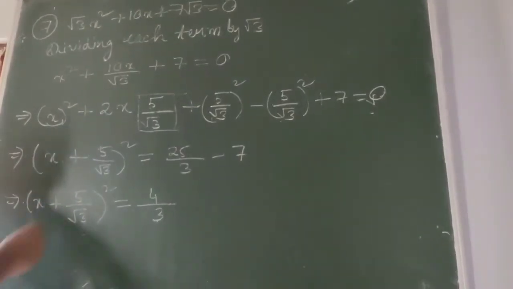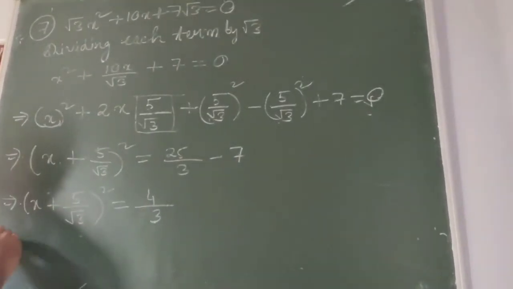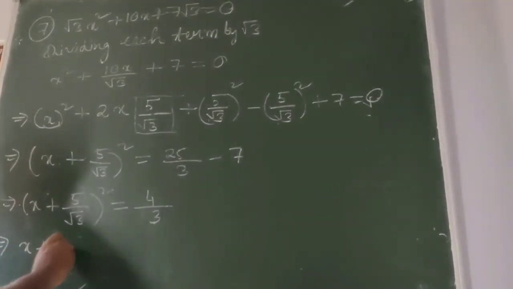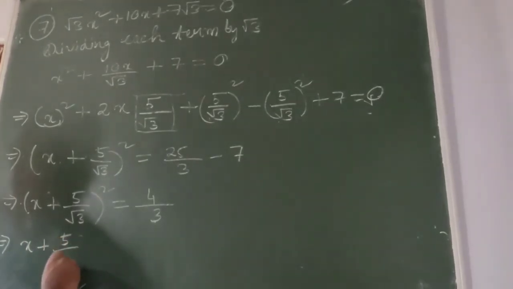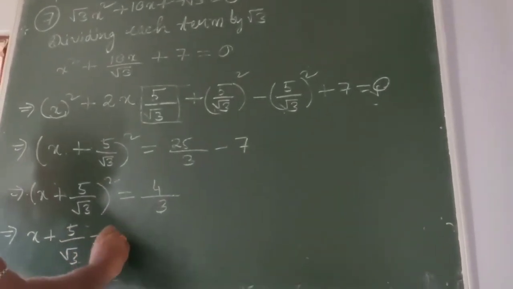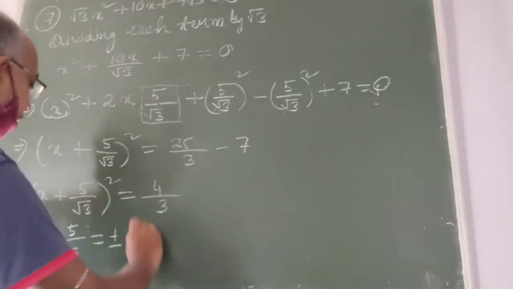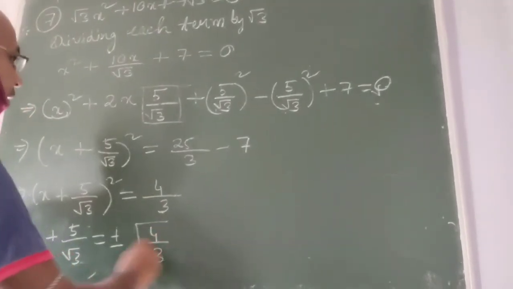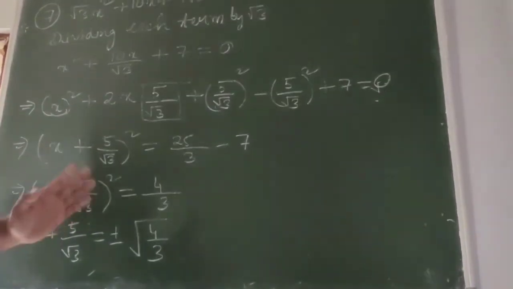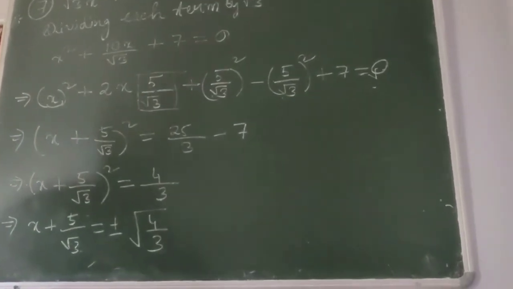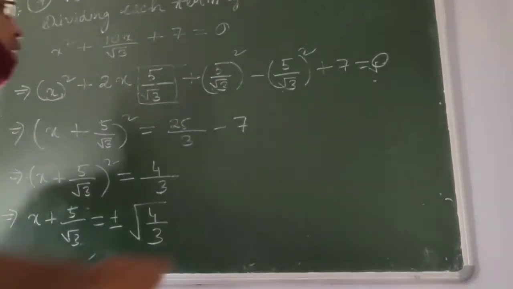Next step is, I have to remove this square. So if I remove this square, what I get? Yes, you rightly said, it is plus minus root over 4 by 3. Now just shifting and finding the value of x.